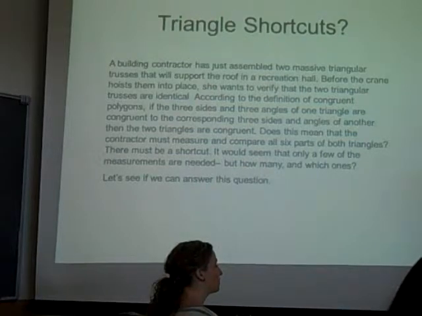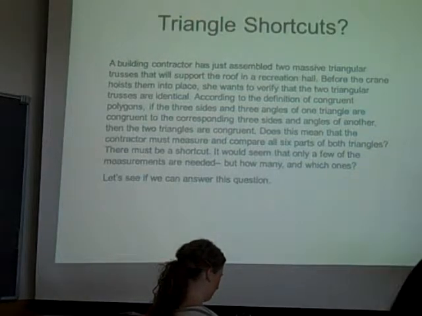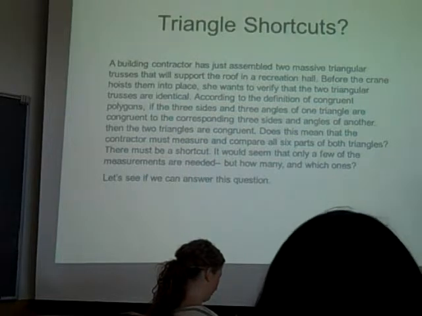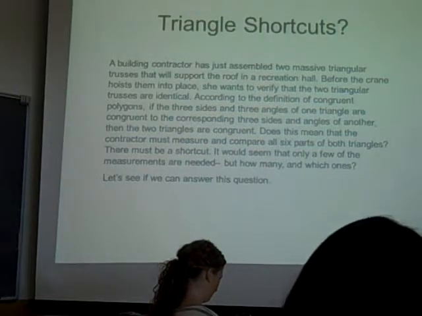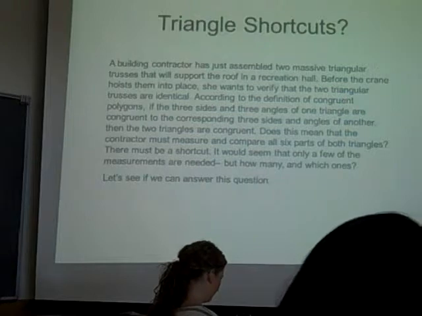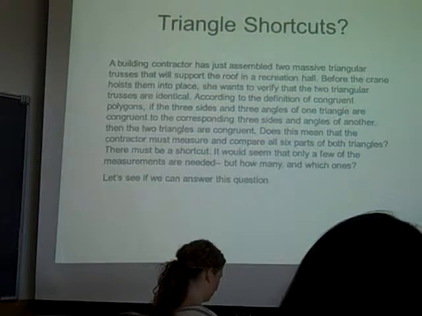What do I mean by 6? The 3 pairs of angles and the 3 pairs of sides before she hoists them up? Or is there a shortcut? There must be a shortcut. It would seem that only a few of the measurements are needed, but how many and which ones? Let's see if we can answer this question.